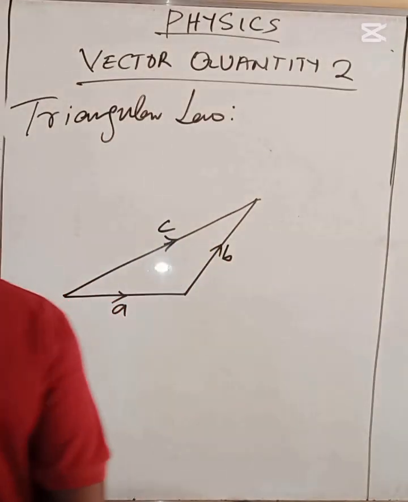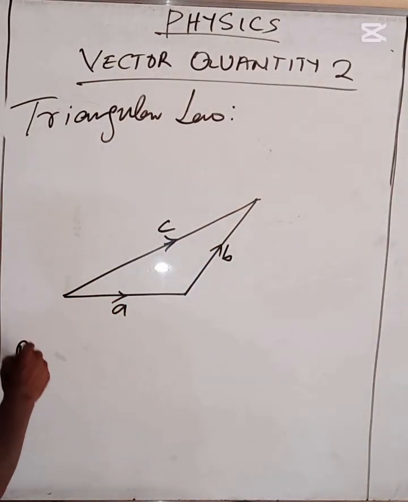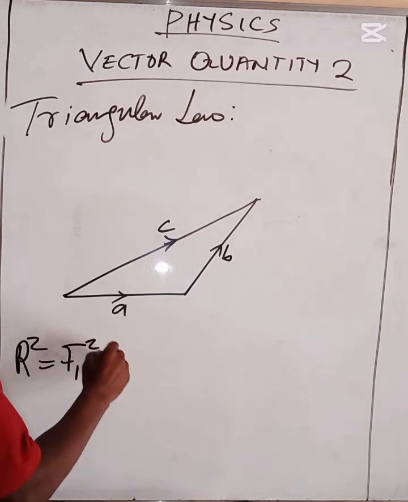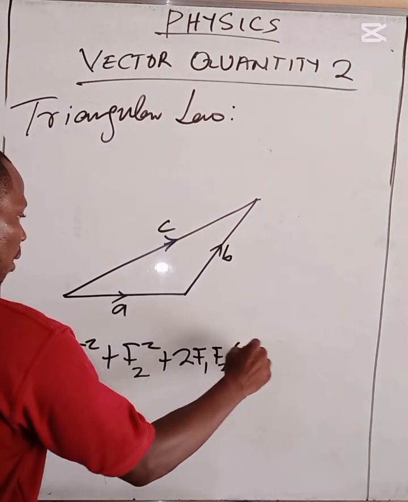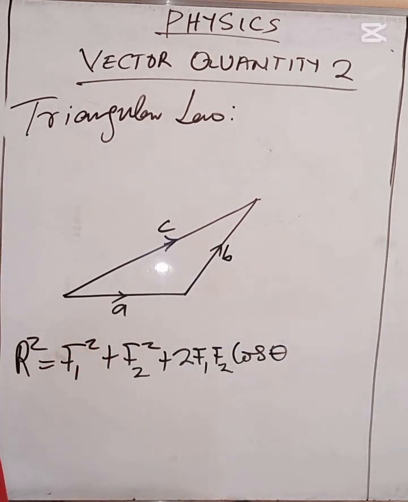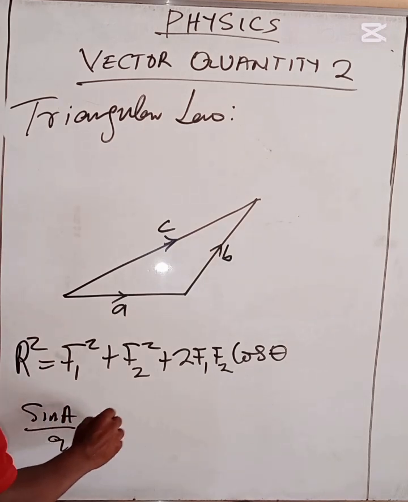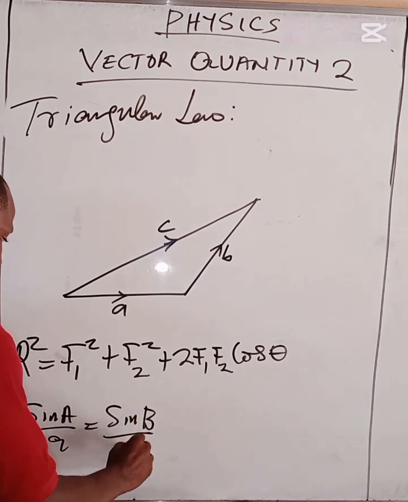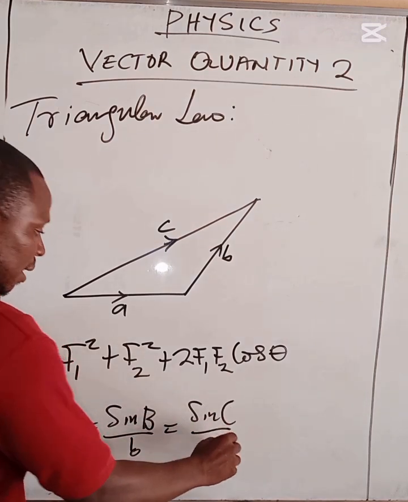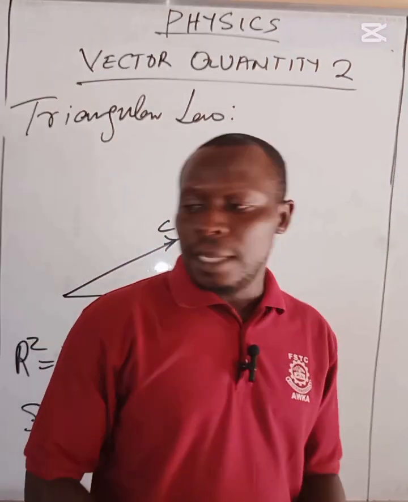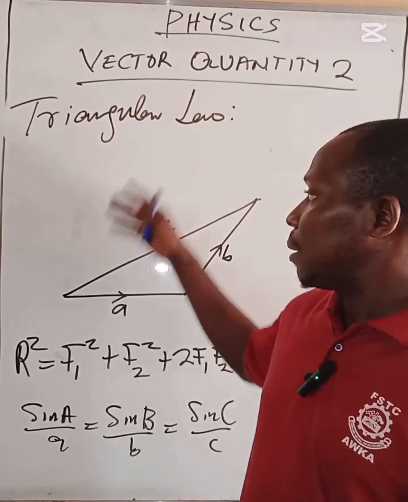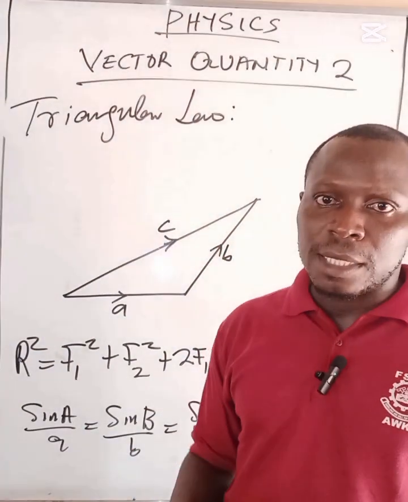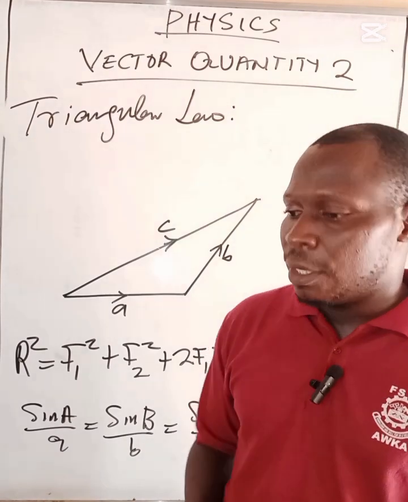Having stated it, you can as well use your R squared equals F1 squared plus F2 squared plus 2F1F2 cos theta to find your resultant, and then your sine rule, sine of angle A over A equals sine of B over B equals sine of C over C, to find direction. The difference between the parallelogram law and triangular law is just in the diagram. Otherwise, you apply the same method, the same formula to solve problems.